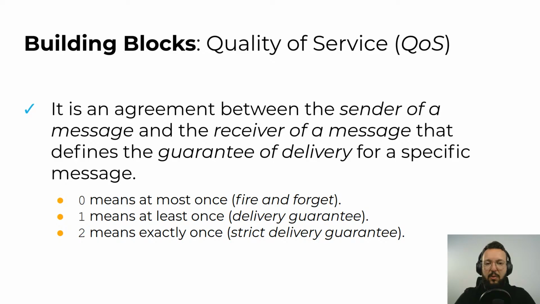They need to be published in that particular session. 1 means at least once, so there's a delivery guarantee, but we can receive multiple copies of those messages. And 2 means exactly once, which is a strict delivery guarantee. And this sounds very promising, but I have to warn you, at this moment, AWS IoT Message Broker does not support version 2 for quality of service.